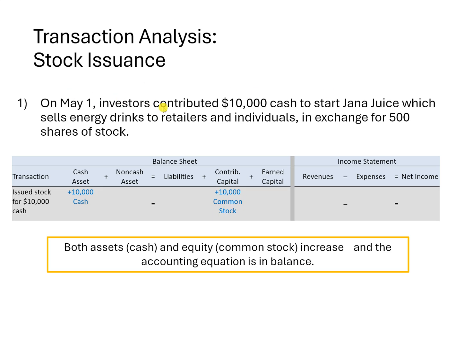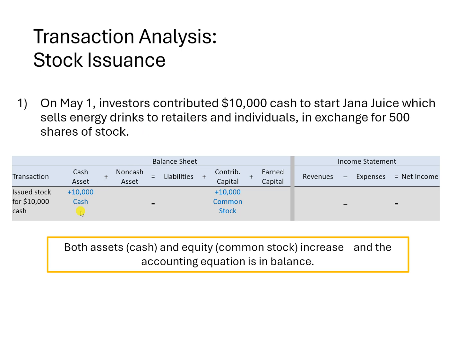On May 1st, investors contributed $10,000 cash, and the investors get 500 shares of stock. So for the company, when we receive $10,000 cash, assets will increase by $10,000.